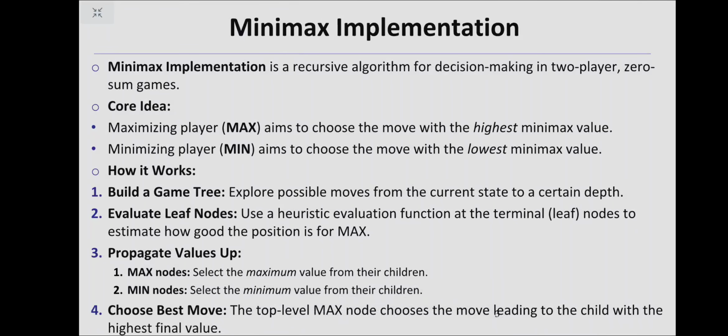The max player tries to maximize the utility, and the action selected by the max operator is related to the highest min-max value. Min-max value is the name of the function that is used in our discussion.